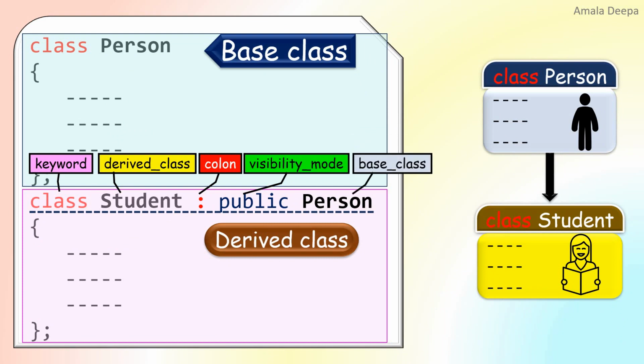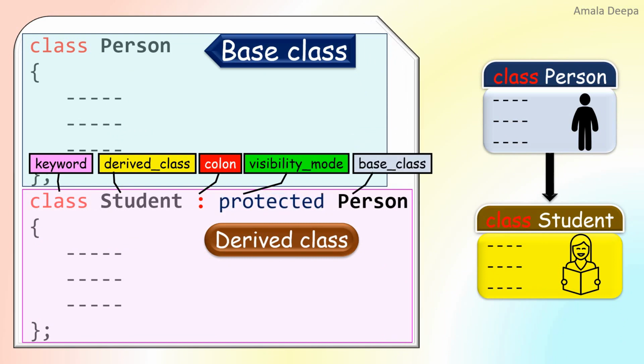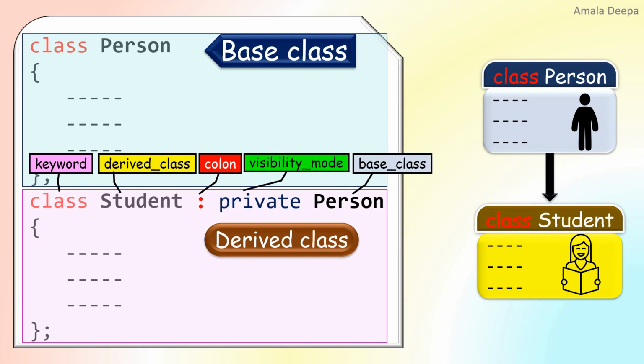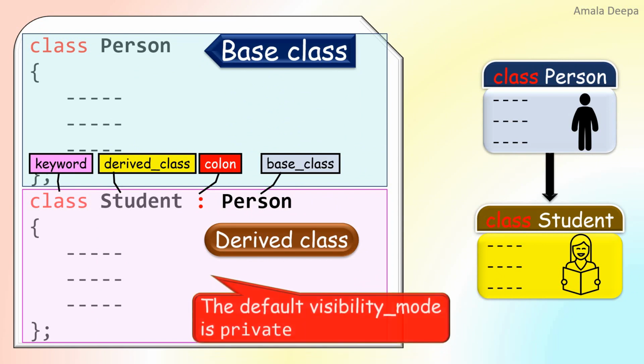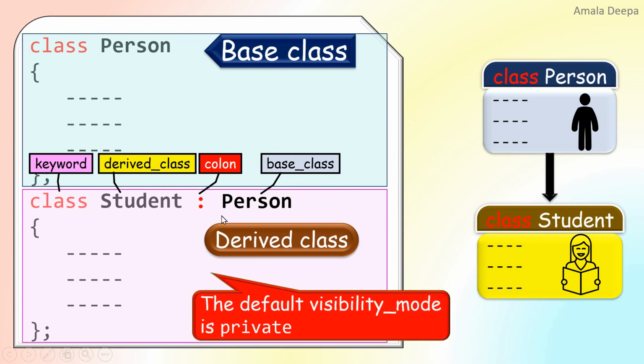The visibility mode can be protected or even private. If the visibility mode is private, you can omit this visibility mode because the default visibility mode is private. So when you do not mention visibility mode, the visibility mode is considered as private.